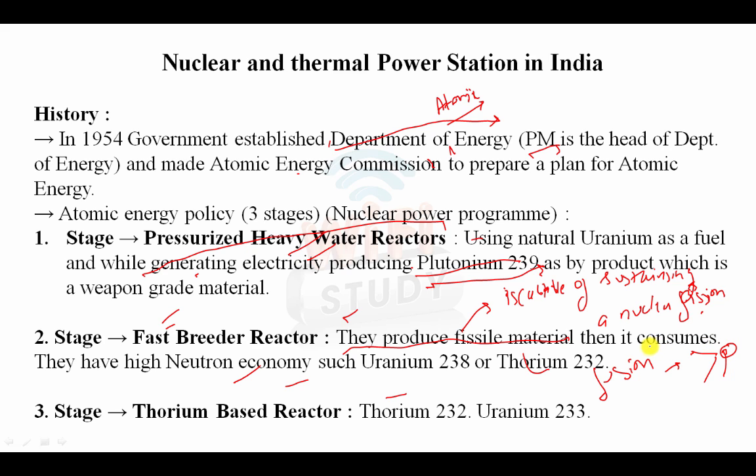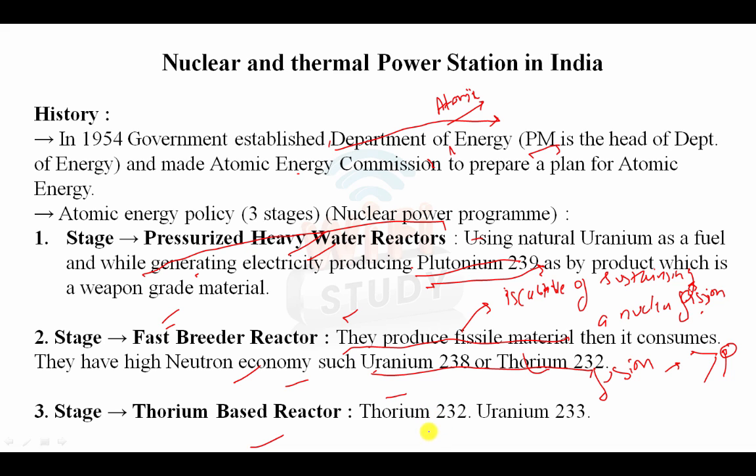Okay, so in the second stage, the fast breeder reactor, they produce a fissile material which is capable of producing a fission reaction, and then it consumes. They have a high neutron economy, such as uranium 238 or thorium 232. So you need to understand that in the second stage uranium 238 is used, and in the first stage plutonium 239 is made.